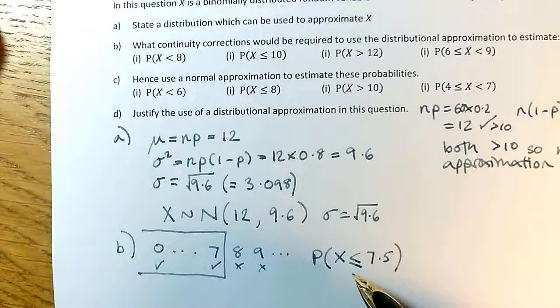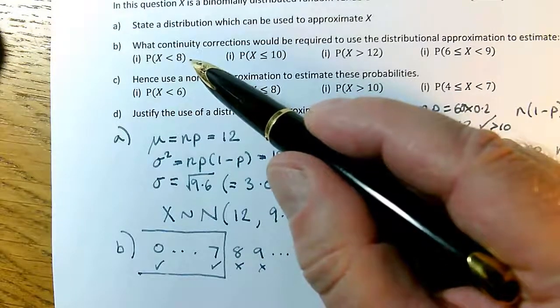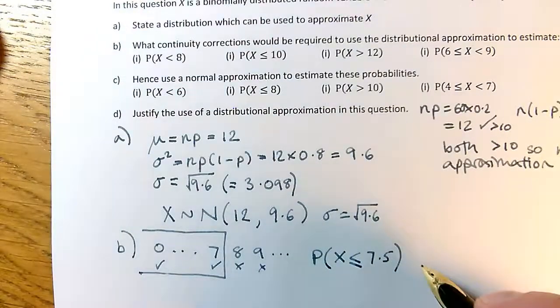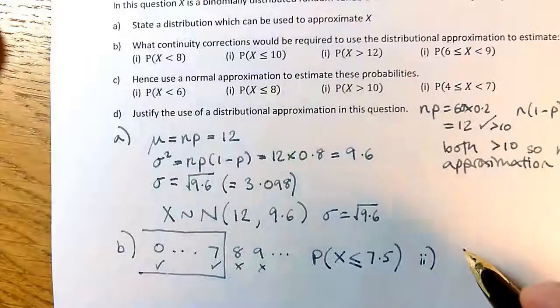So this is the approximation I've got to use for the normal, and we call this the continuity correction for this original probability. That's relevant to the exact distribution. This is only relevant to the normal approximation. So for the remaining bits of B, for part 2 of B, I've got to do the probability of X being less than or equal to 10.